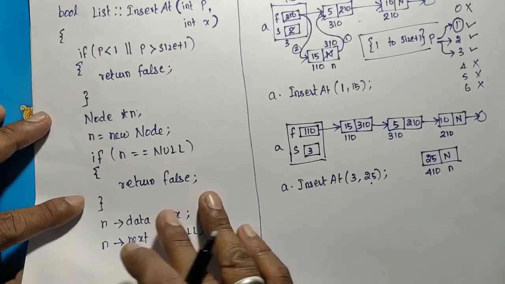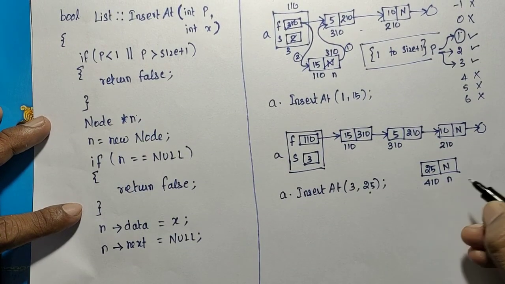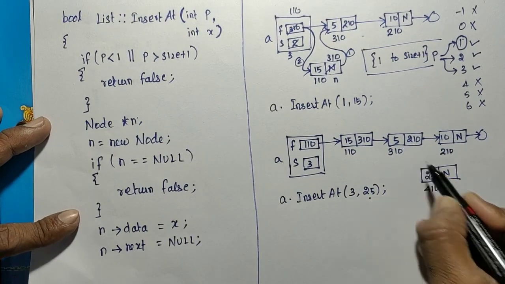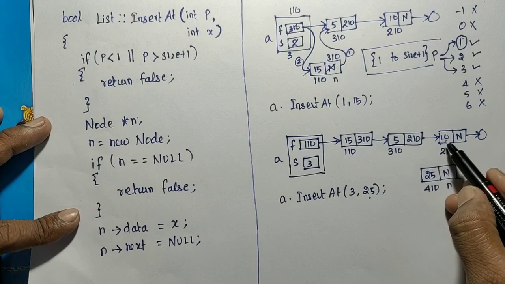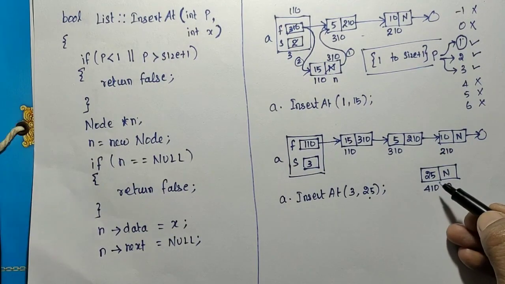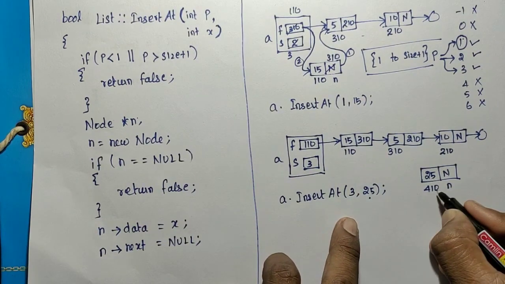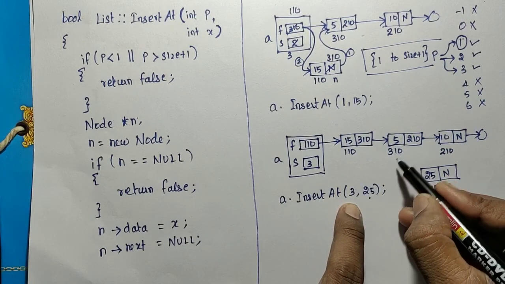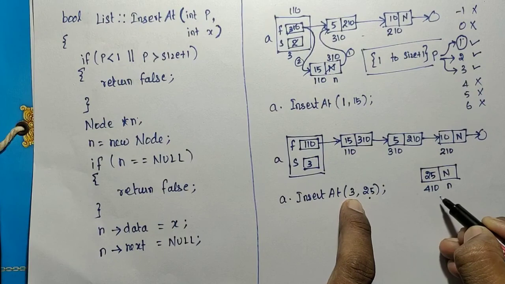Next I need to look for where the new node has to be linked. In the diagram it is clearly after the 5 I wanted to insert the 25, or before the 10 I wanted to insert the 25. So why are we searching for a node? This is a 3, just search who is the second node, because after the second node only we need to insert the new node.